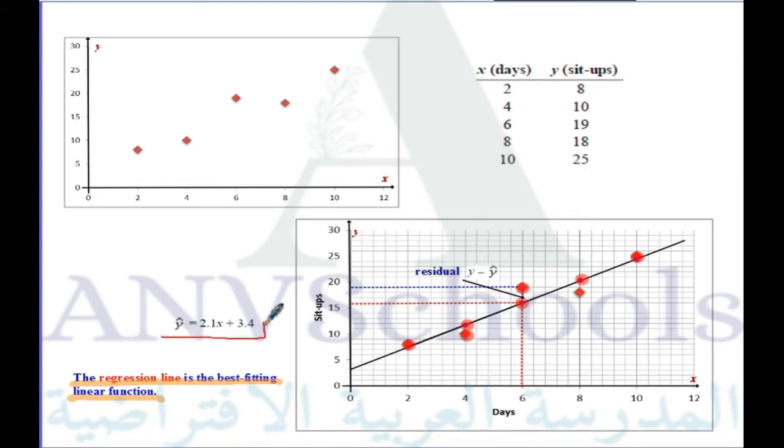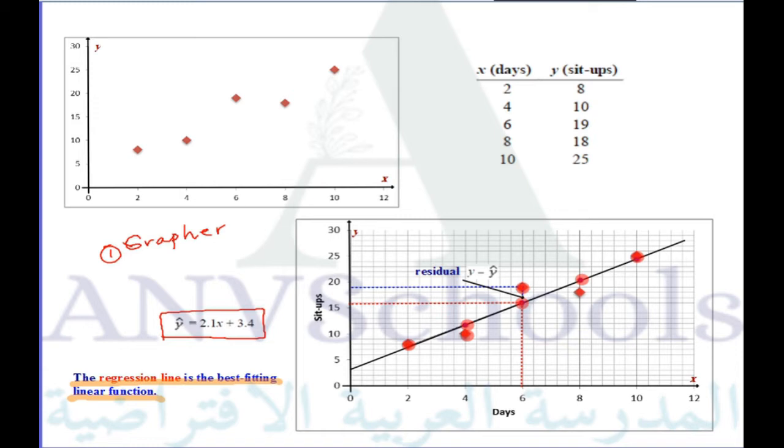And the first requirement is you must have a graphing calculator, a grapher. This will ease your computations because your calculator is capable of computing the equation for the regression line.